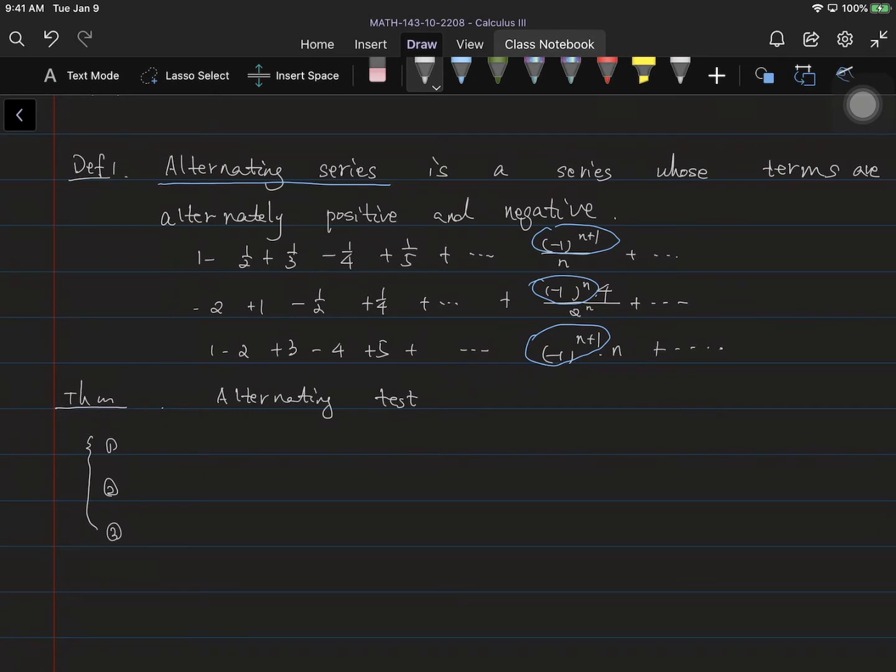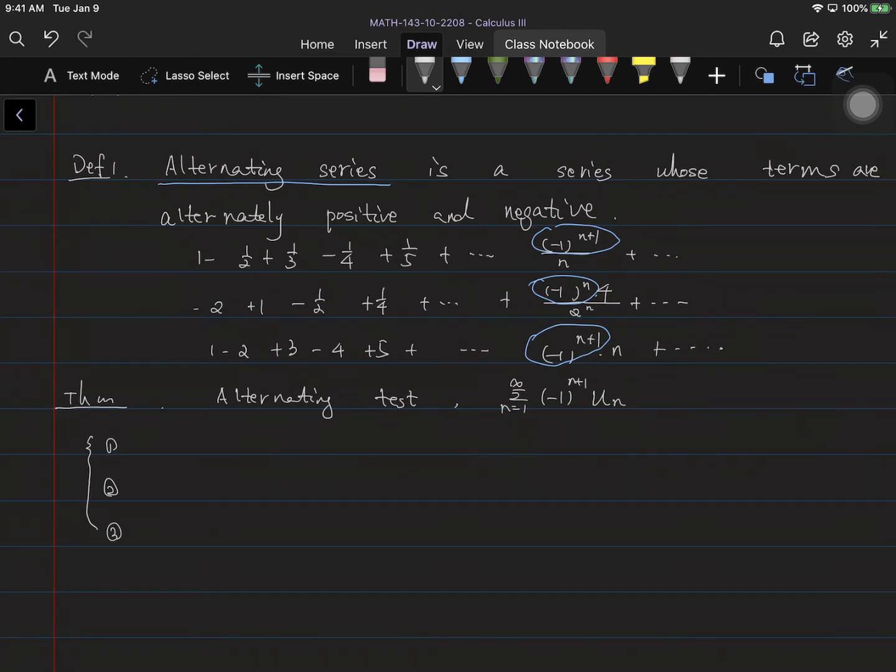The first part is if our alternating series looks like this, the sum from n equals 1 to infinity of (-1)^(n+1) times un. As we said, we always have -1 to some power in front. Here we say -1 to the n plus 1. It doesn't matter too much, we can also say -1 to the n power.